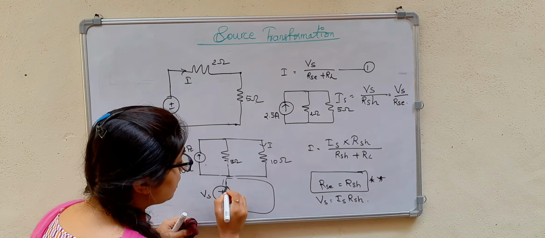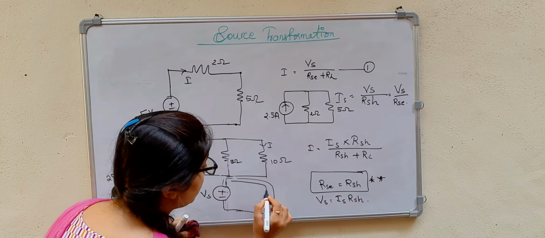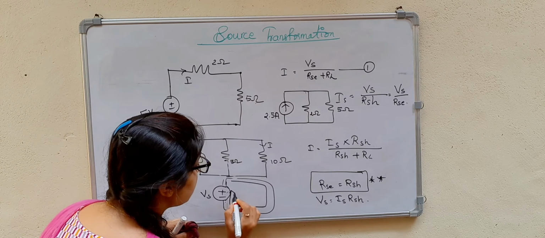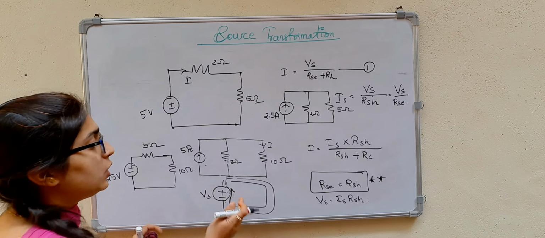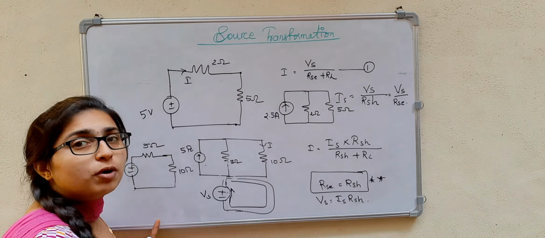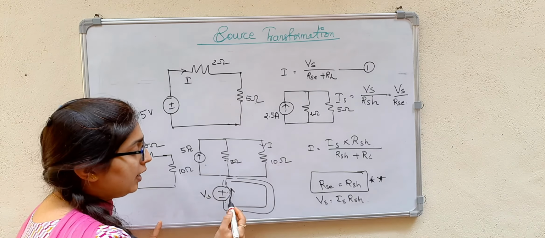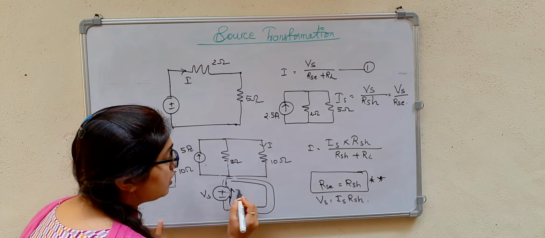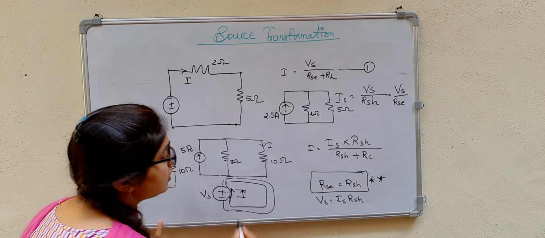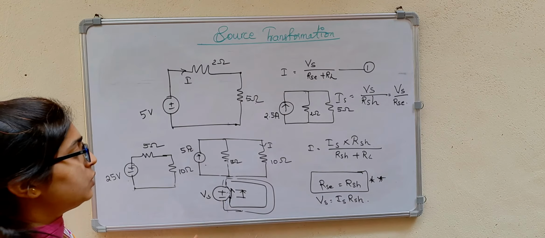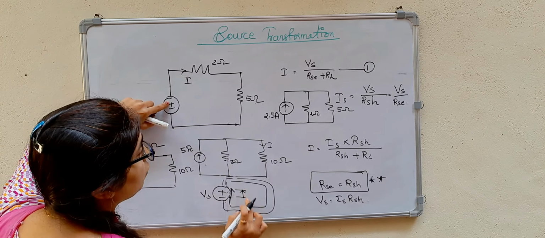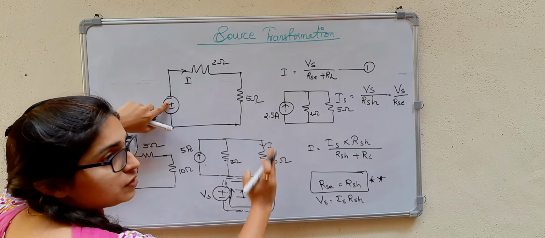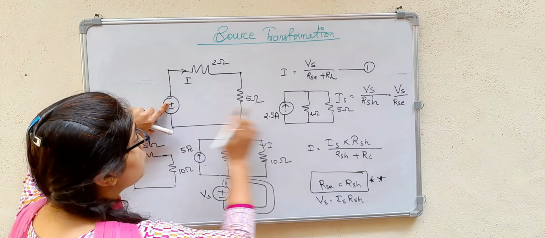So let this be the circuit. You can see the equivalent arrow mark, the top of the arrow is pointing to the positive of the battery and here it is negative. So this is equivalent, right? So this is the current source, this is the voltage source. So see here, it is from negative to positive. Negative to positive means you have the arrow which is upwards. So it is equivalent.